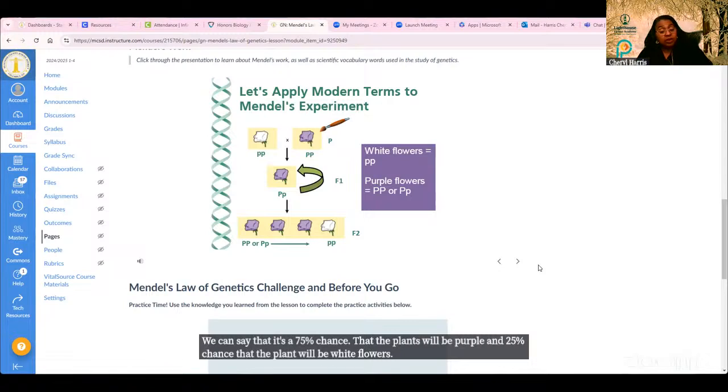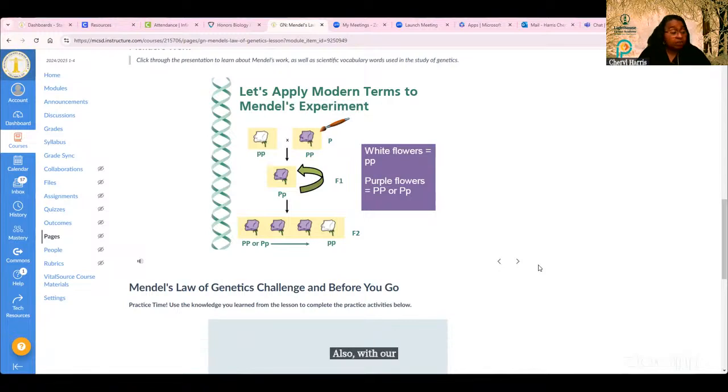Also, with our 75%, they don't have to be homozygous. They can be heterozygous because they can be a capital P, small p. And we're going to look at the possibilities of that.